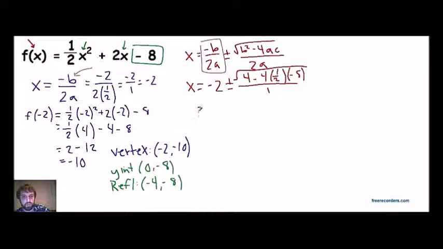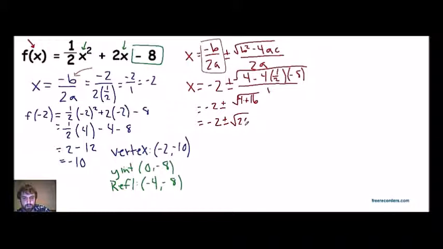So this will give us negative 2 plus or minus the square root of 4, minus half of 4 is 2 times negative 8 is negative 16, so this is plus 16. So we're going to end up with negative 2 plus or minus root 20.